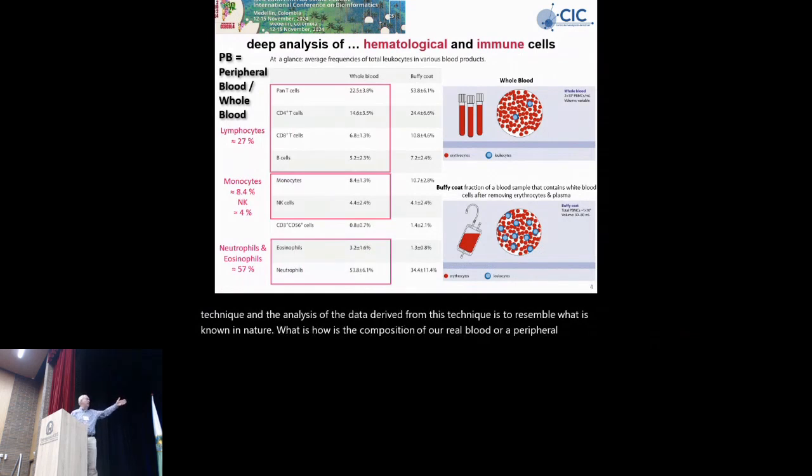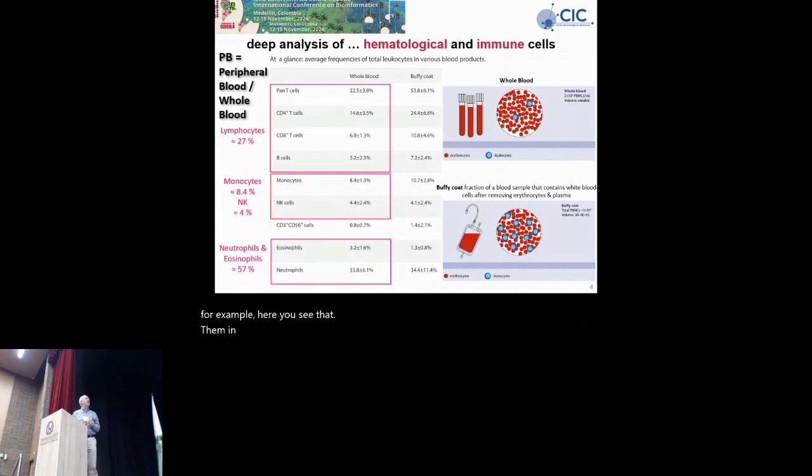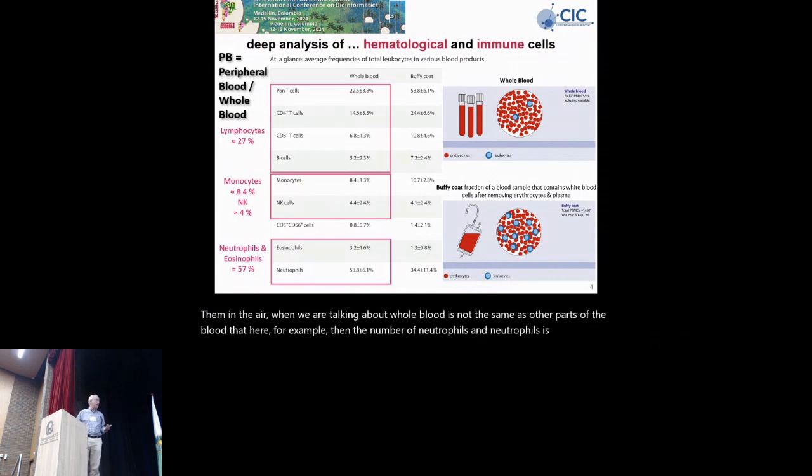And for example, here you see that when we are talking about whole blood, it is not the same as other parts of the blood. Here, for example, the number of neutrophils and eosinophils is the largest percentage, around 50 in terms of cellularity, nuclear proper cells, even depleting of erythrocytes.